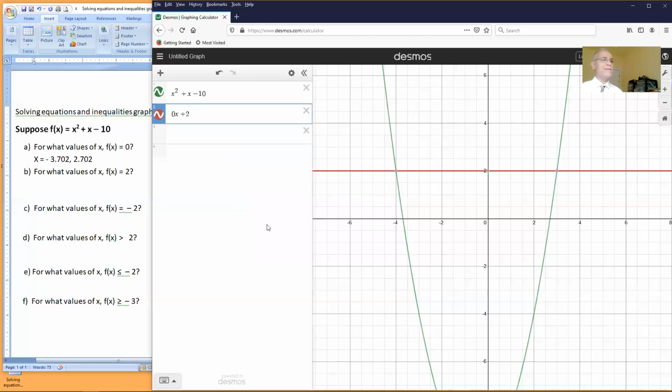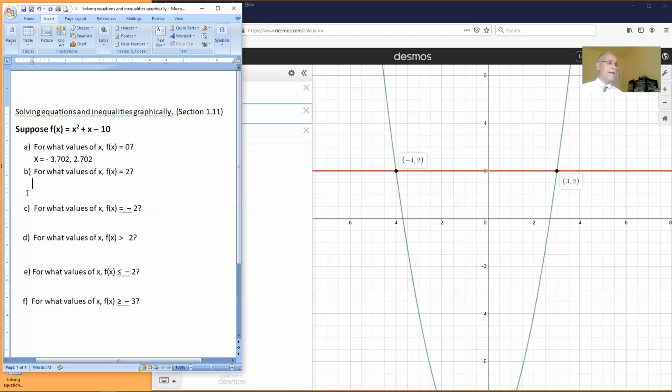Okay, it graphed it this time in red, so you can see it. And the question is asking for what values of x, f of x equals 2. So notice that happens here at x equals negative 4, and here at x equals 3.